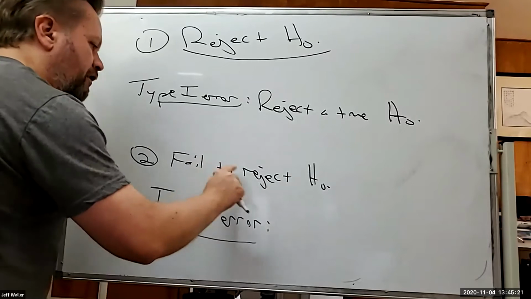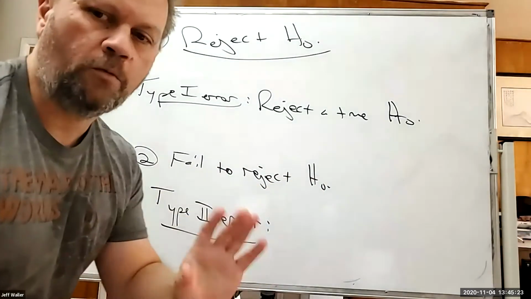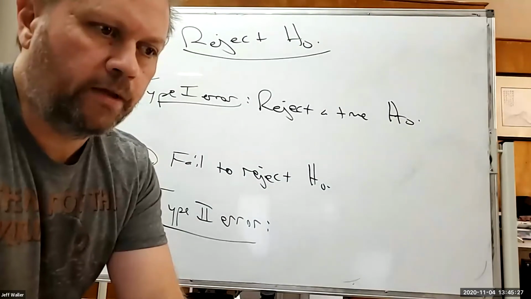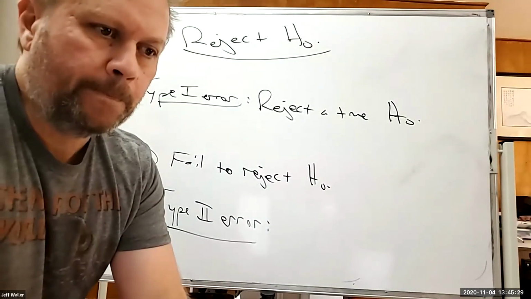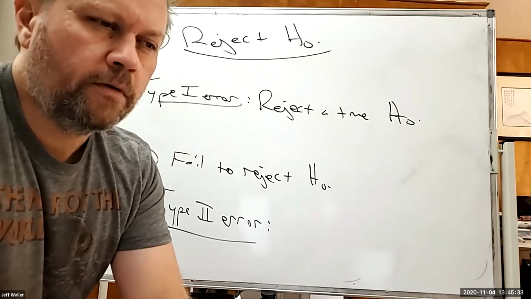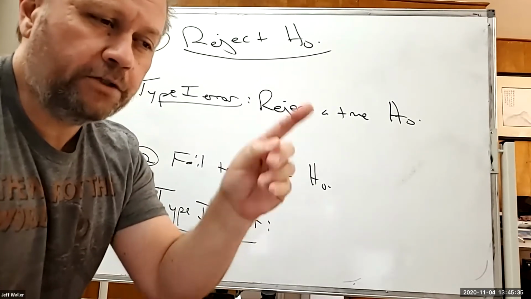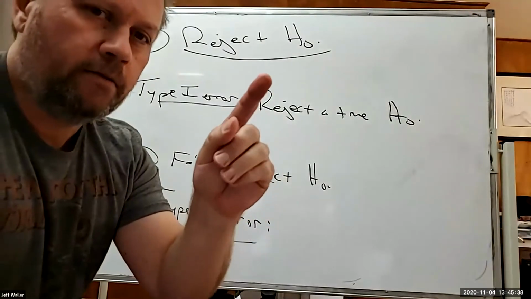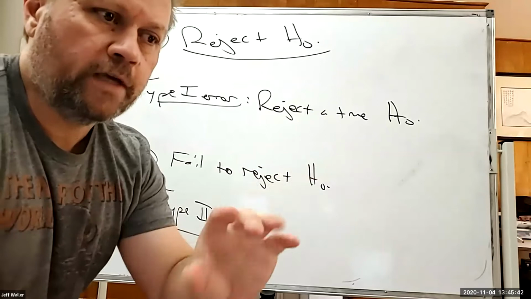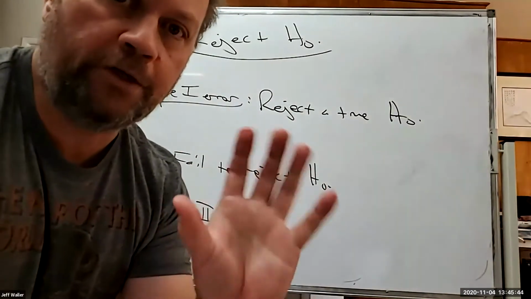If I fail to reject the null, when is that bad? If the null is actually what? False. If I fail to reject it, then like Janik said, that's bad if it's actually false. I mean, if the null is false, do you want to reject it?